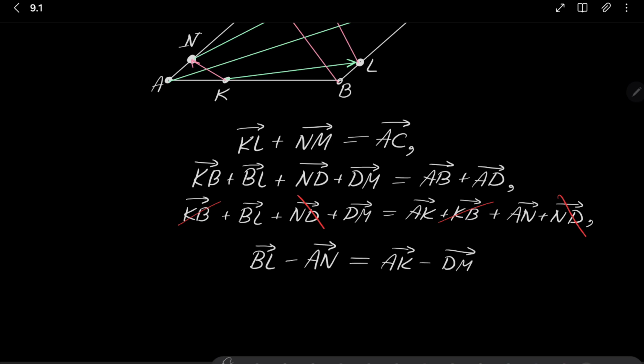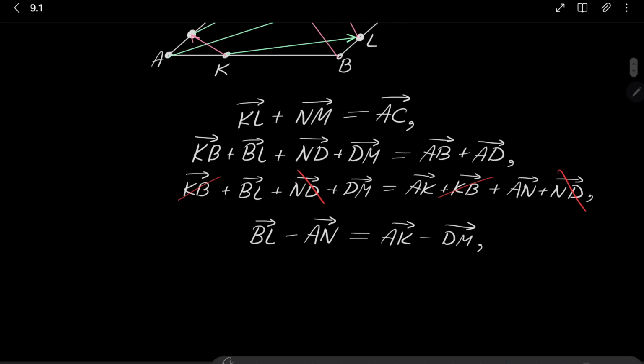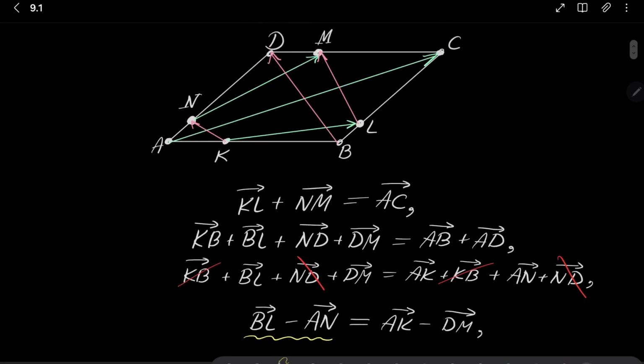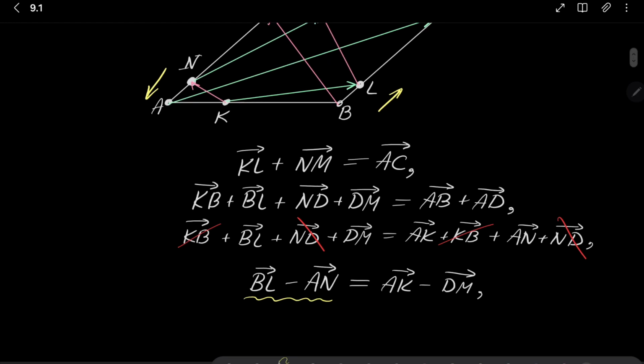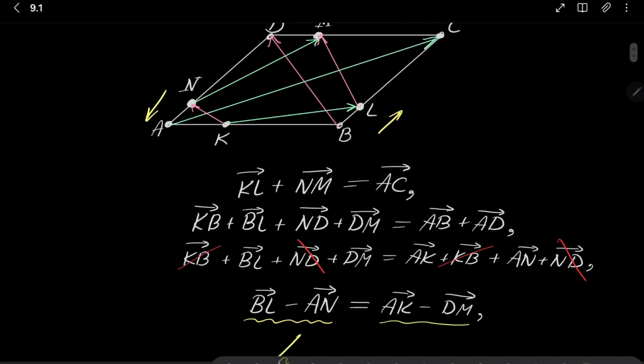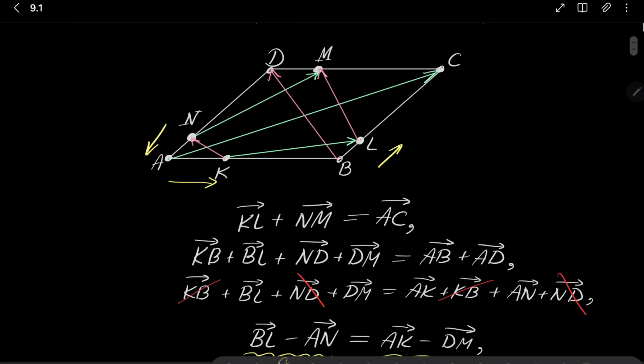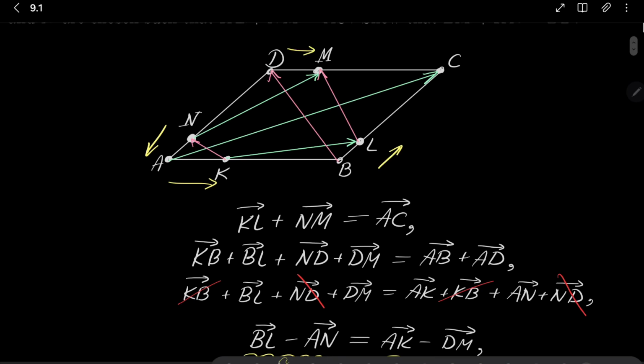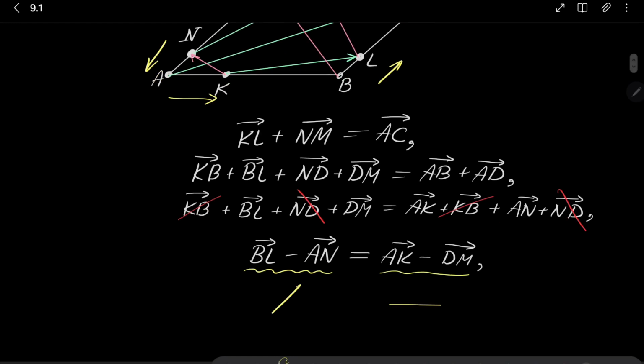Alright. Now, this equation is very important, because notice the direction of this vector. BL is in this direction, and we are subtracting AN. So we are subtracting this vector. So the general direction of this vector is like that. What about the vector on the right-hand side? AK minus DM. Well, AK is this vector, minus DM is this vector. So this vector is like that.